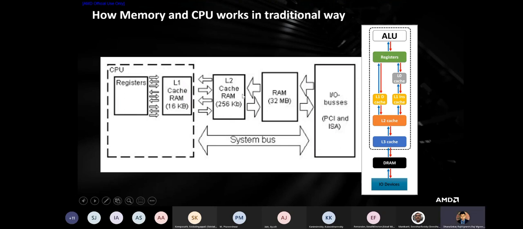No, it's not like that. But L1 cache alone, if you see in the right picture, has two sets. We call them L1I and L1D. Initially, that's how they were defined. L1D is the data cache, and L1I is the instruction cache.